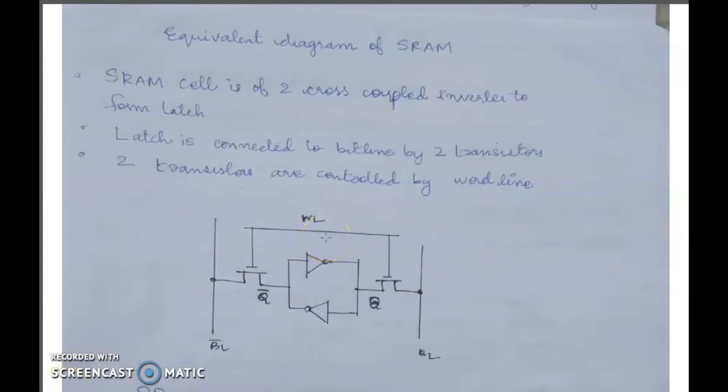For read and write operation, the word line will be activated and hence these transistors will be on. And in the hold operation, this word line will be 0. That means these two transistors will be in off state. That means the data which is stored will be retained for future usage.